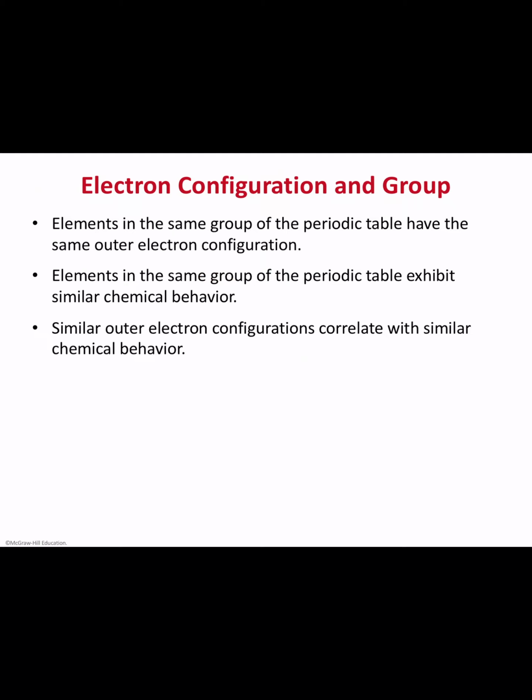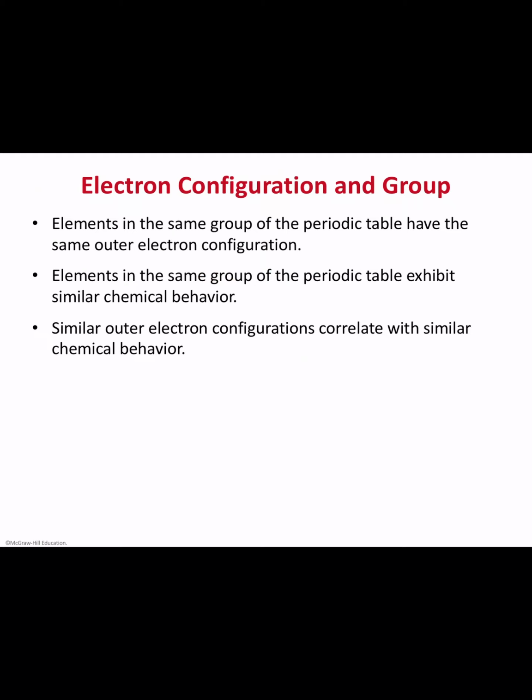So if you take group 1, what do we have in group 1? We have lithium, sodium, potassium, rubidium, cesium, francium. Those are the elements we find in group 1.